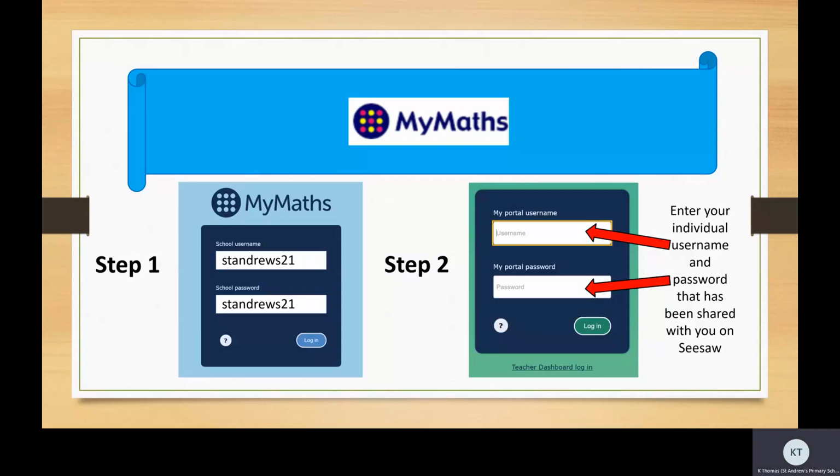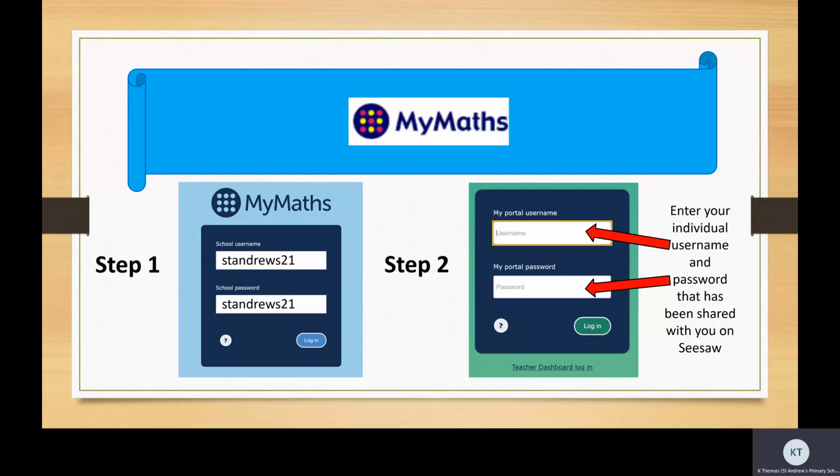Here's how to access My Maths step by step, just in case you've forgotten. So step 1, when you go to the My Maths website, and there's a hyperlink to this on the slide before, and it'll also be on your maths task that your teachers will send to you on Seesaw.